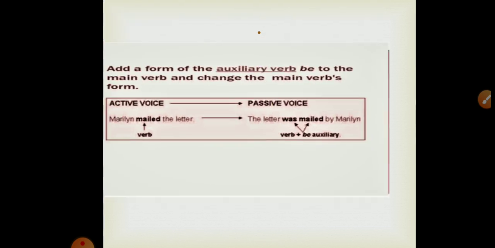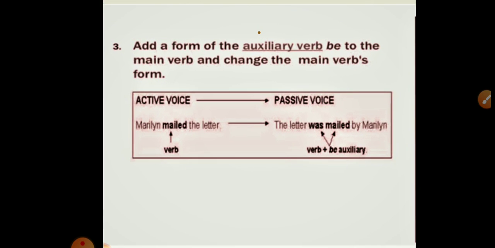Now the third rule: add a form of the auxiliary verb be to the main verb and change the main verb's form. Here we have to change the verb form also. Then we have to use an auxiliary verb like be, being, been. We use these auxiliary verbs and then change the verb as well. Here, in Marilyn mailed the letter, mailed is the verb and it is already in the past tense.